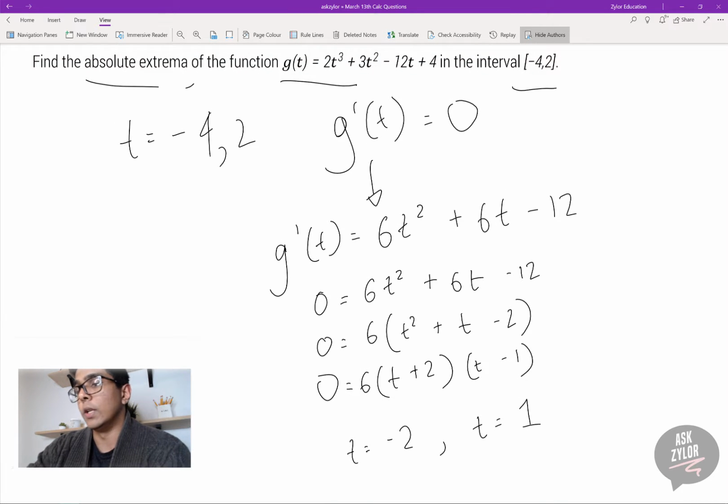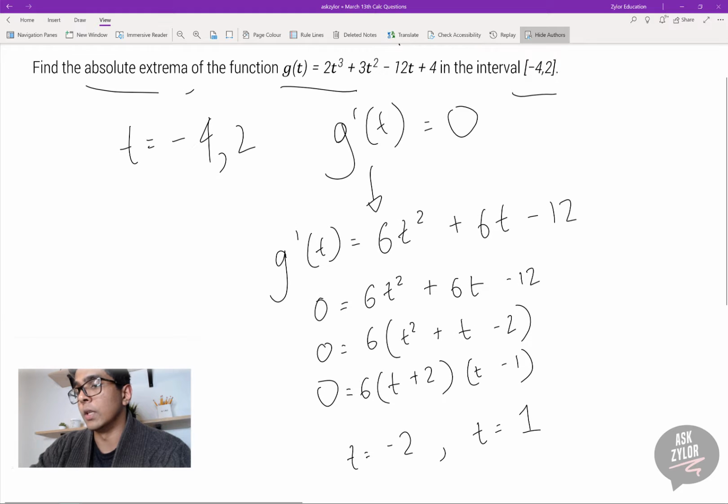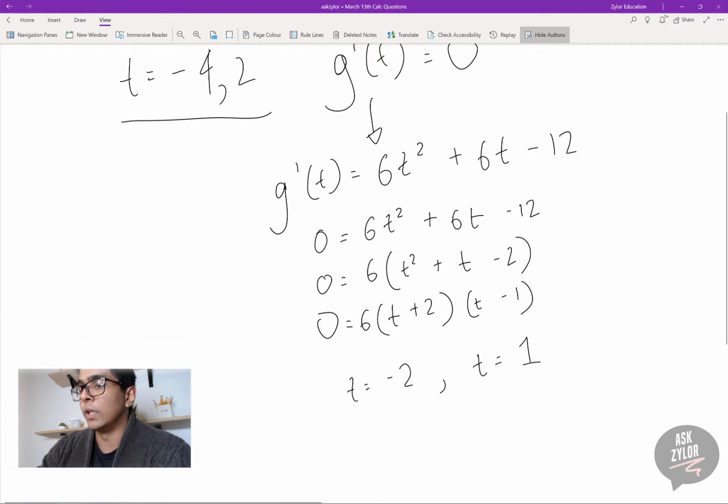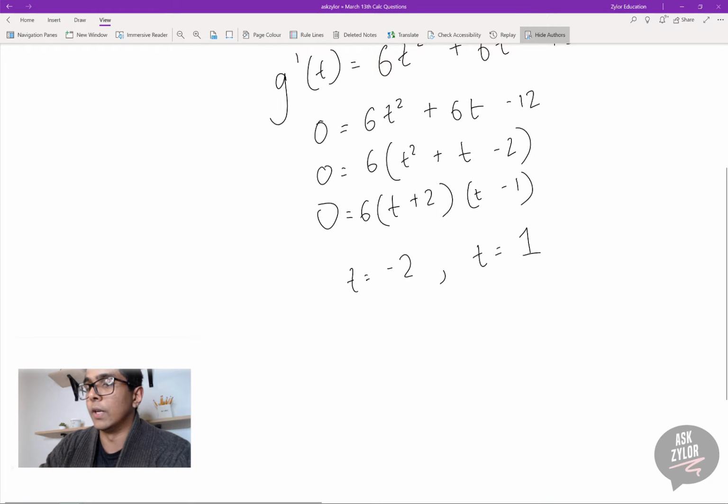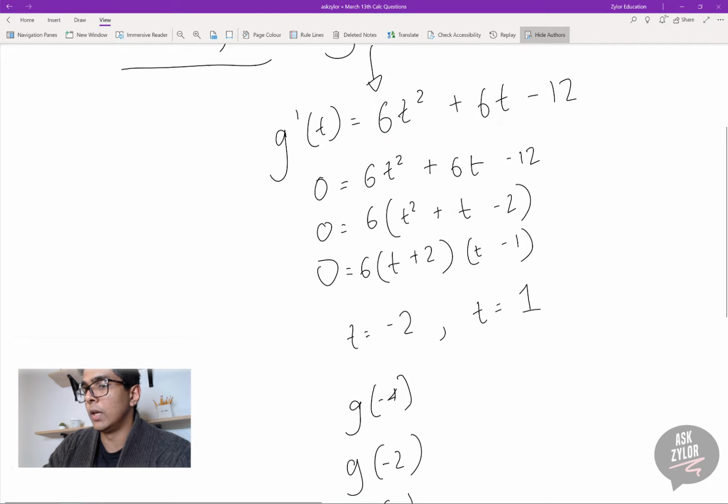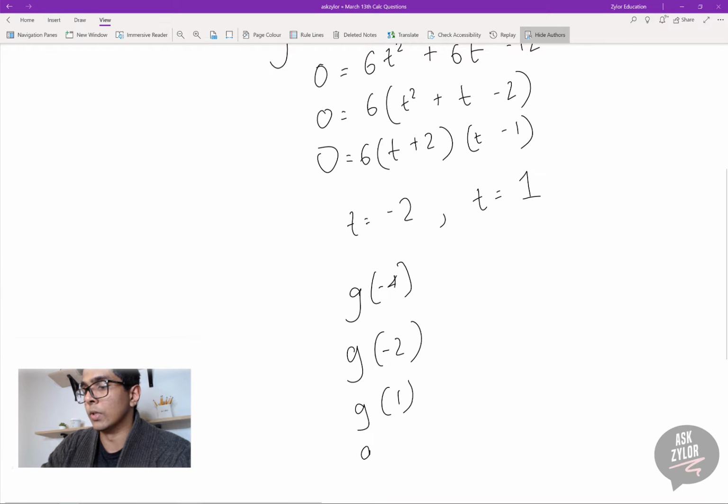So I also said we need to evaluate the endpoints of this interval, -4 and 2. So we have 4 values in total we need to evaluate. We need to find out when g is going to be -4, g is going to be -2, g is going to be 1, and when g is going to be 2.